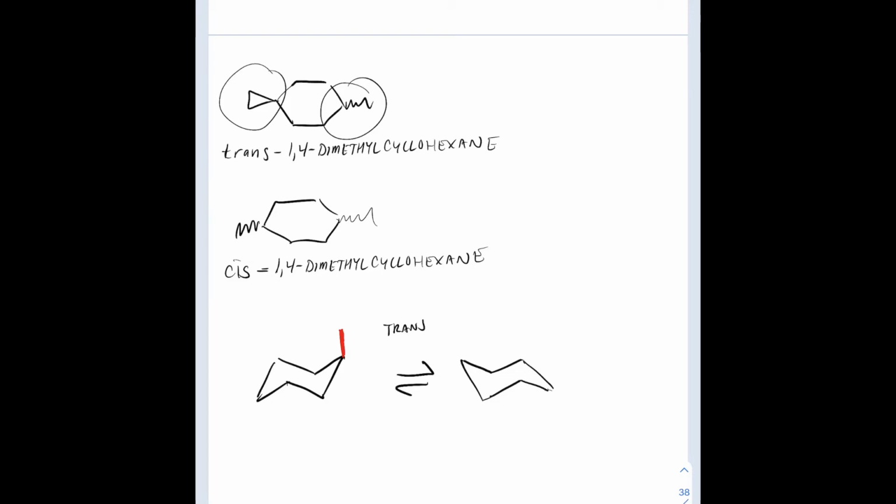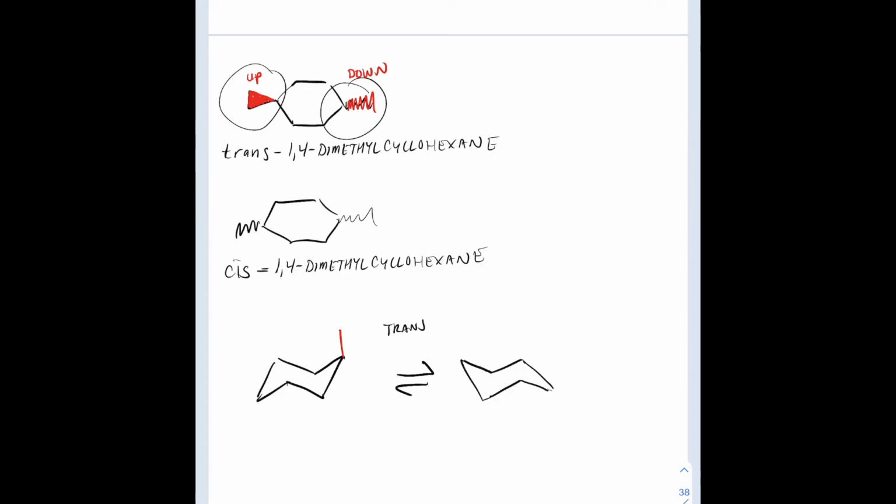And since this particular methyl substituent, which I'm just leaving as a line because it's a skeletal structure, is in one direction up here, and our other methyl group is in the opposite direction, meaning it is trans to it, that means if this is up, then this needs to be down.